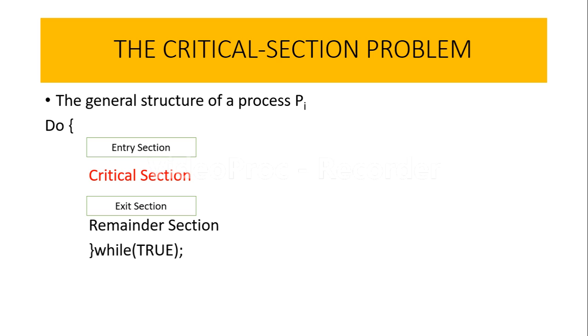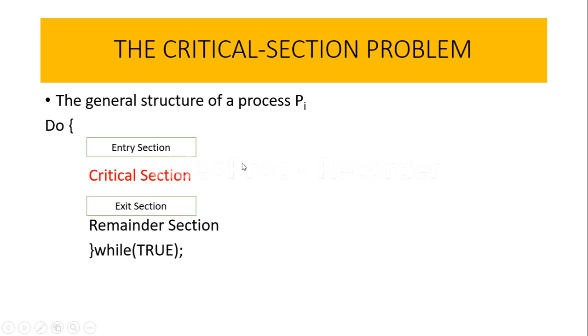If you see the general structure of a process, it might be something like this. It has a do loop, and inside the loop we have different sections: the entry section, the critical section, the exit section, and the reminder section. Until the condition is false, it is going to repeat these sections again and again.